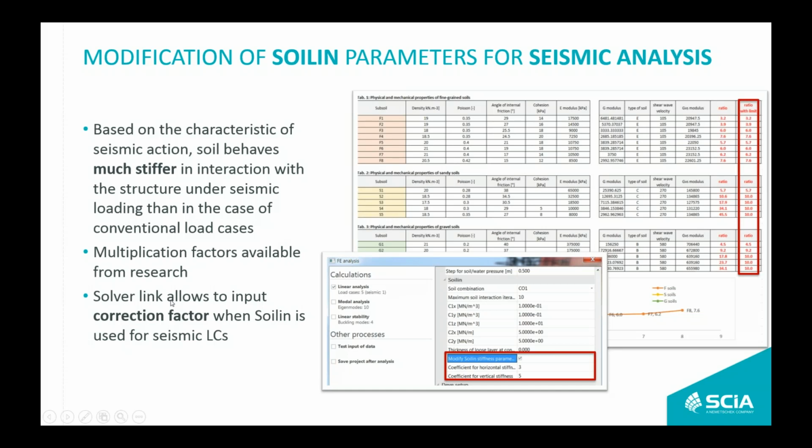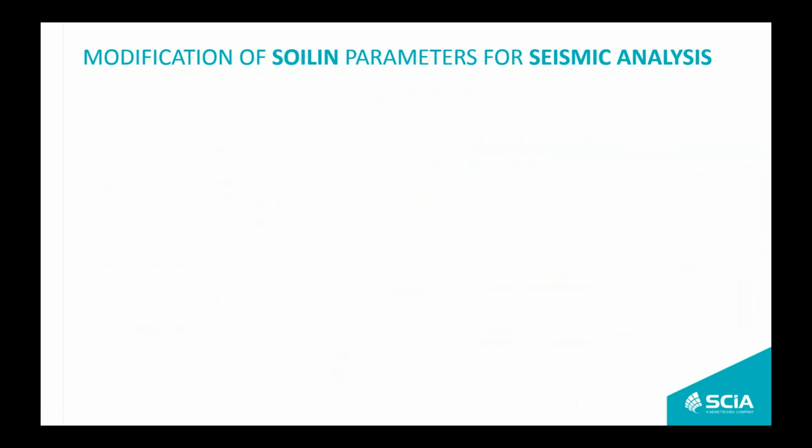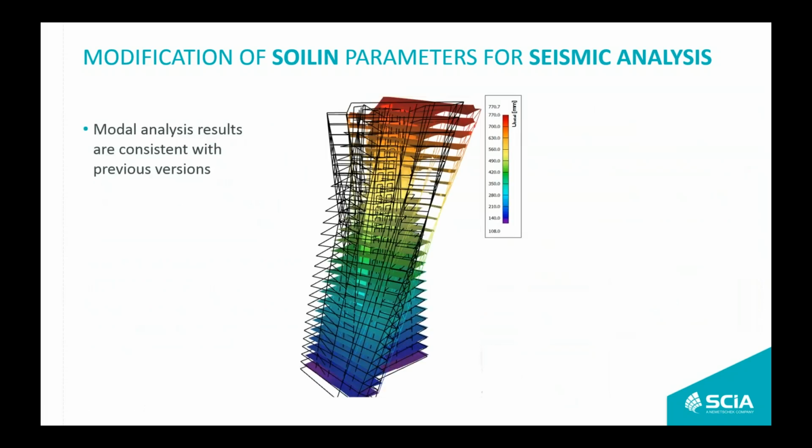So here there are those factors from the reference table, and you can incorporate both horizontal and vertical stiffness multiplication in the solver setup. How does this influence the result?